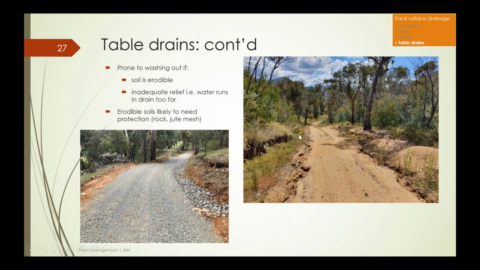There may be situations, however, when you're dealing with difficult soils, where you just need to provide protection of the table drain, and this can be done with either imported rock and gravel or with jute mesh and allowing the vegetation to grow.